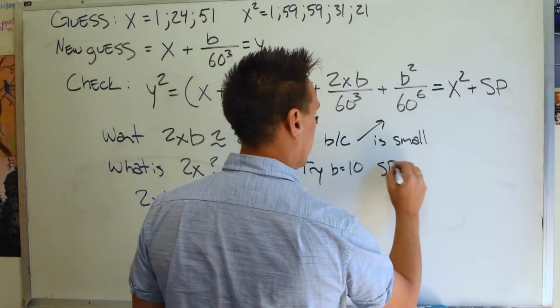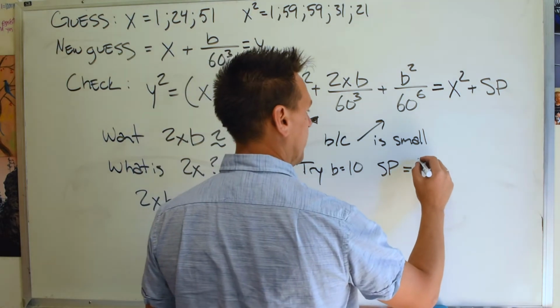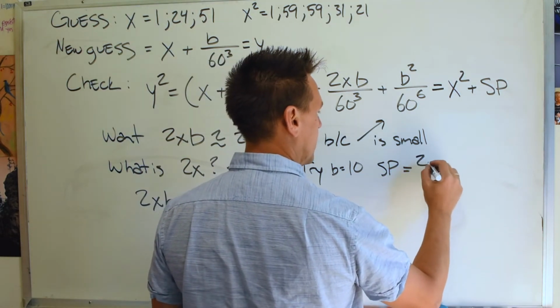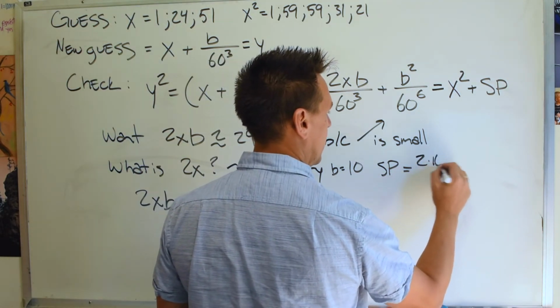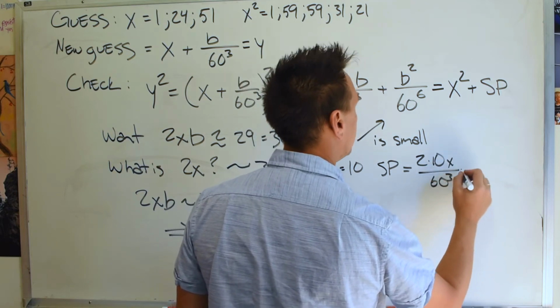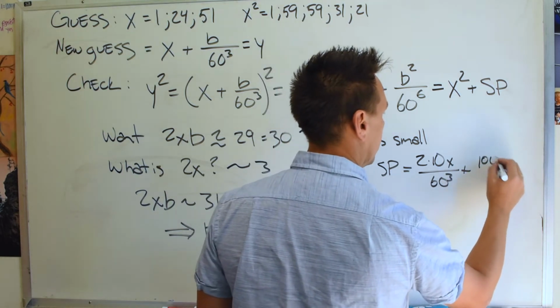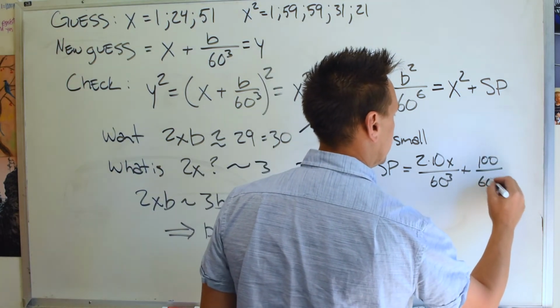Our small part is going to be 2 times 10 times x over 60 cubed plus 100 over 60 to the 6th.